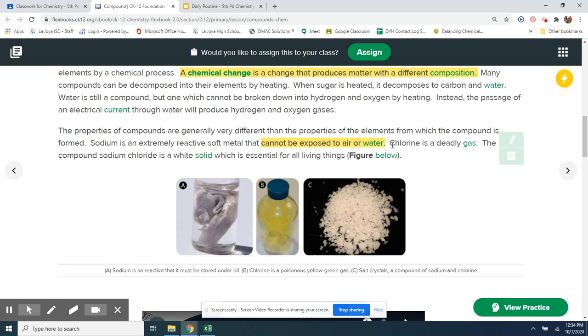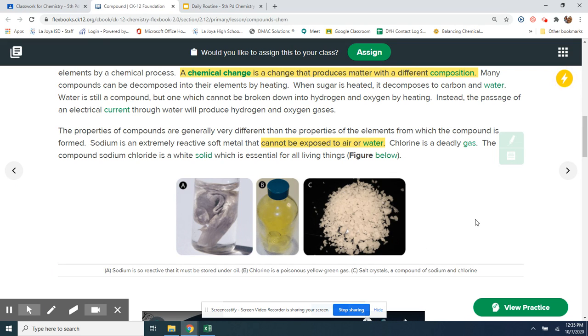Chlorine. You guys have been in a pool, right? So you probably have felt the chlorine on your body. That's the liquid form. Look at it as a gas. It tells you that chlorine is a deadly gas. So that property goes away once you have added and reacted these two elements, and you get this nice table salt that you see here.